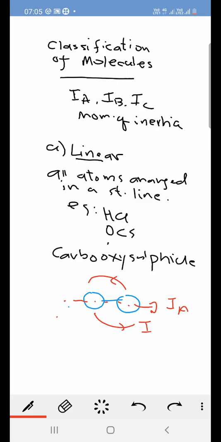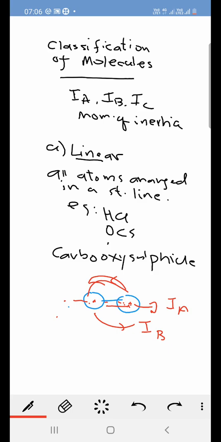I would put that as IB, and it can also rotate end to end perpendicular to the surface. That means if the first motion is along the surface, it can also rotate perpendicular to the surface and follow the perpendicular path.